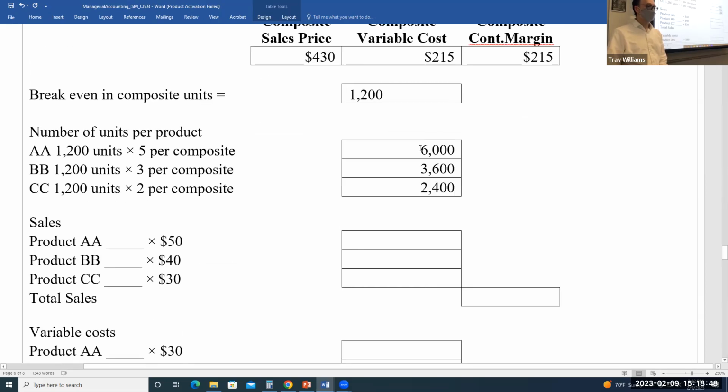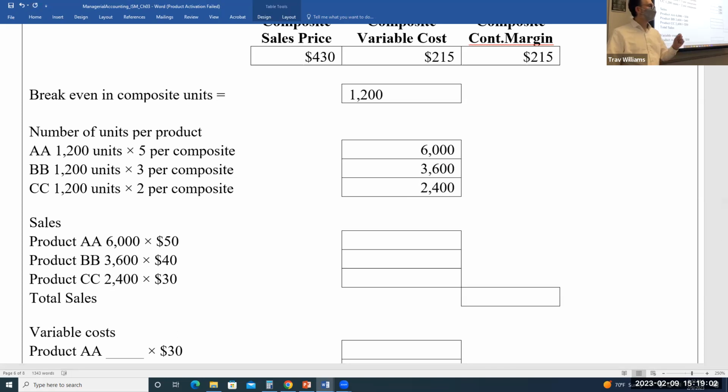Then what we need to do, say, okay, we need to sell 6,000 units of double A, 3,600 units of double B, 2,400 units of double C, multiply each one by its sales price.